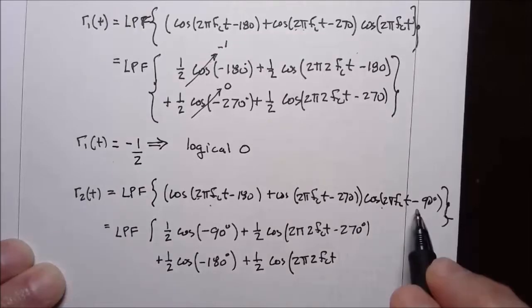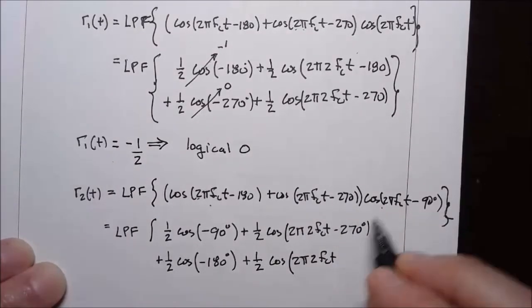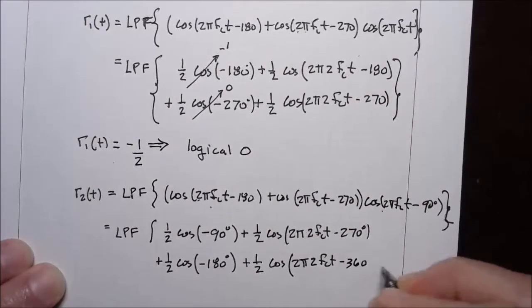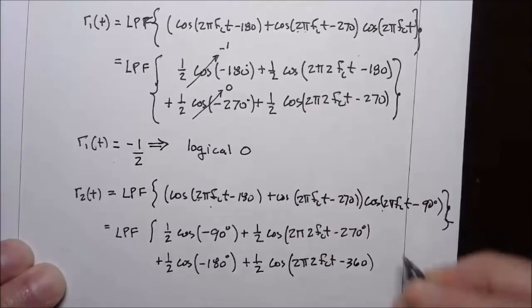There's minus 270 minus an additional 90. That's minus 360, if I didn't lose track.